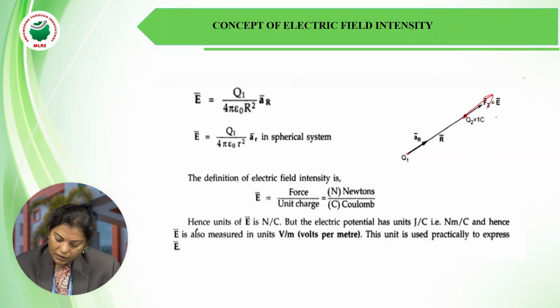AR is the unit vector. So the definition of electric field intensity is E equal to force per unit charge. The units of electric field intensity are Newton per Coulomb or volt per meter.